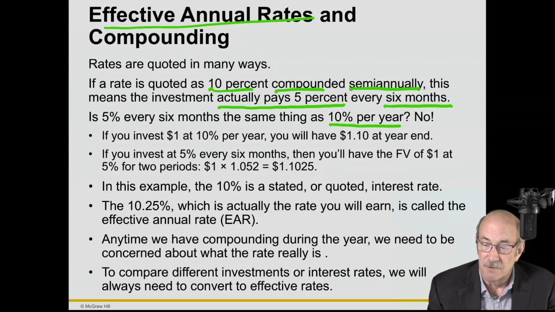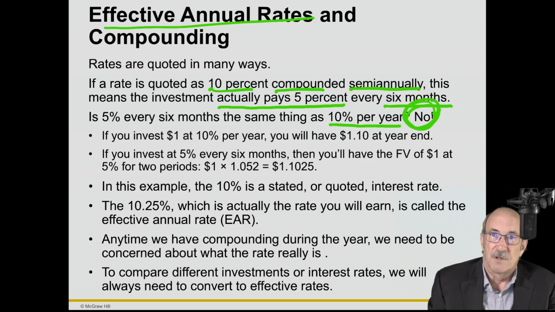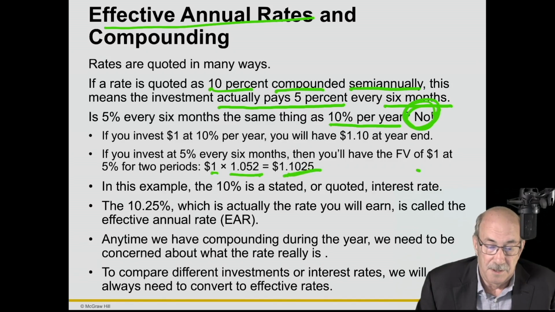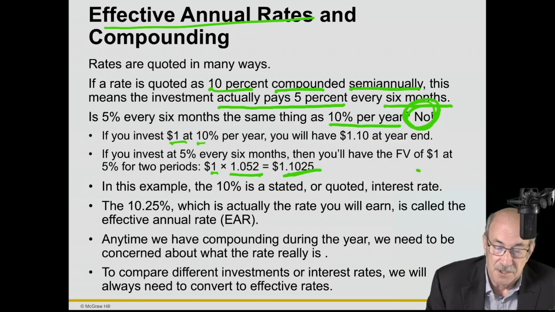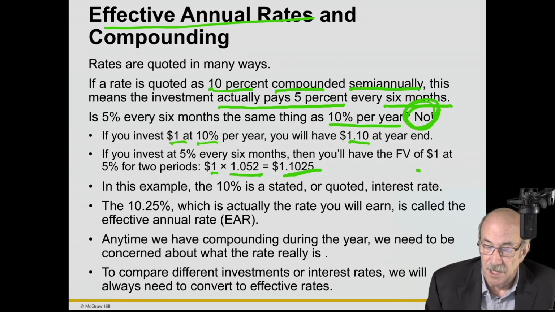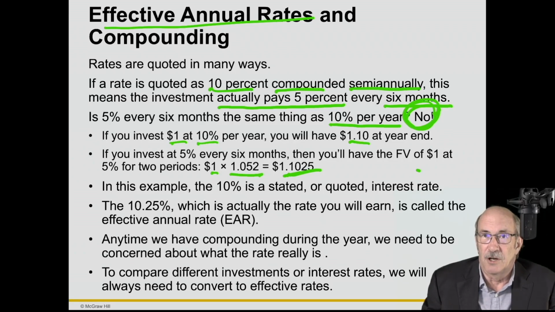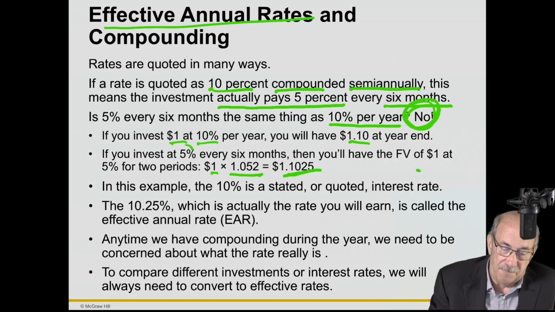And the answer is a resounding no. So here's how it works. If we invest $1 at 10% per year, we'll have $1.10 at the end of that year. If we invested that $1 and it was compounded every 6 months, with 5% being paid each period, then that would actually give us at the end $1.1025.